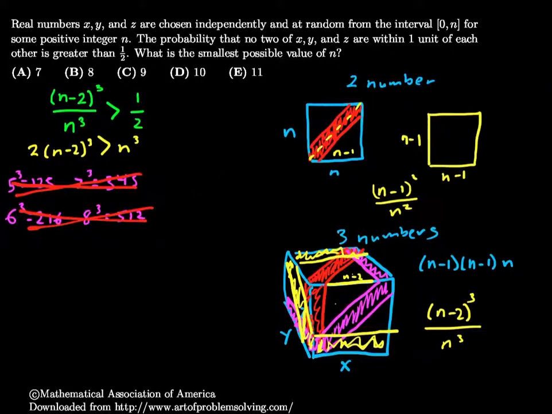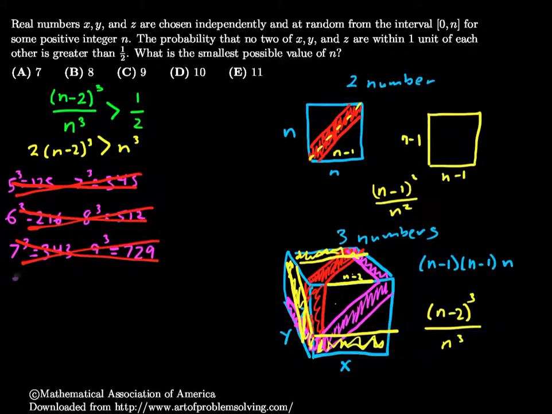We keep going. 7 cubed we already figured out, 343. 9 cubed is 81 times 9, 729. And in this case, 343 times 2 is 686, which is not bigger than 729, so that's no good.